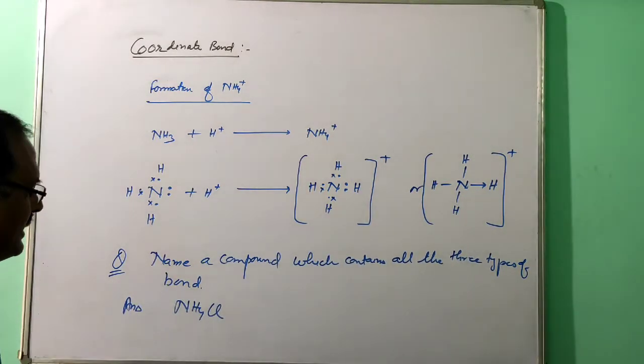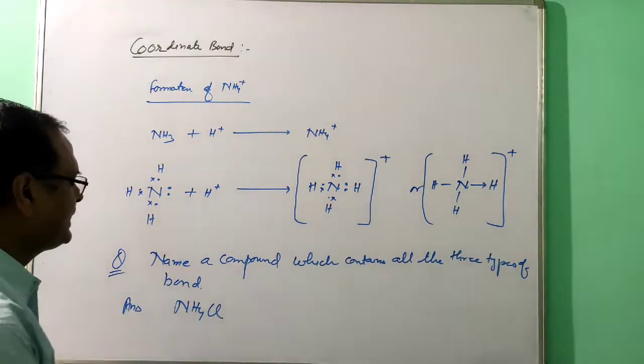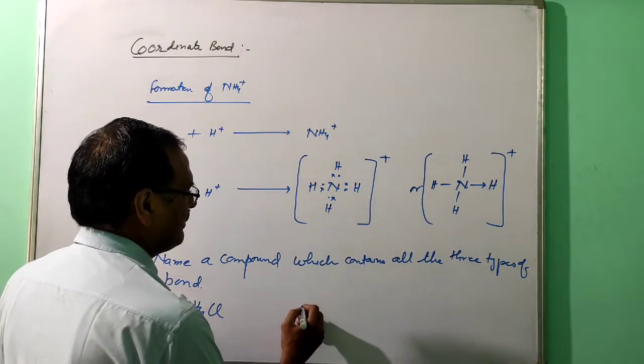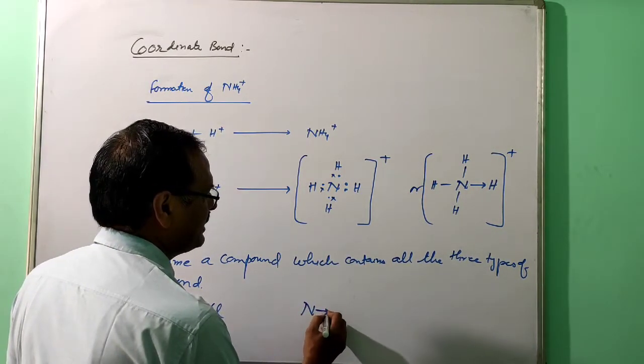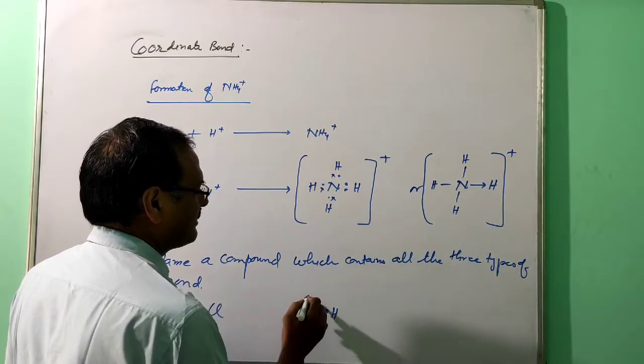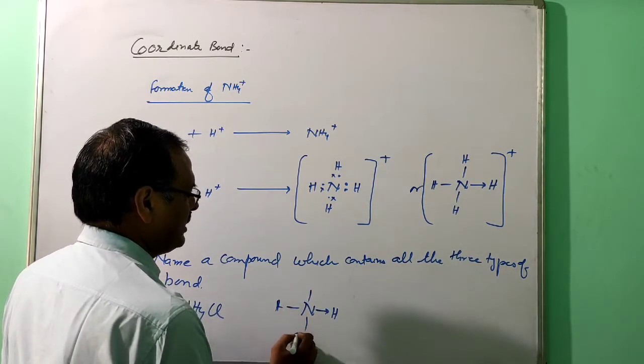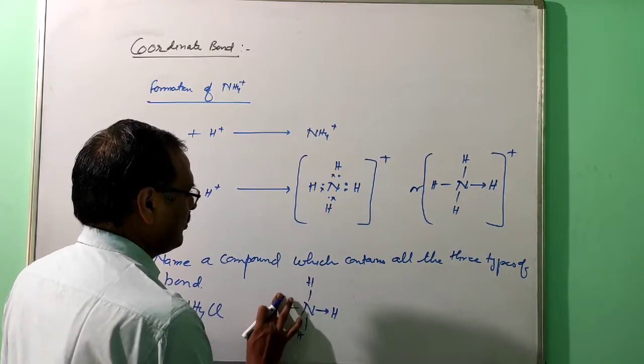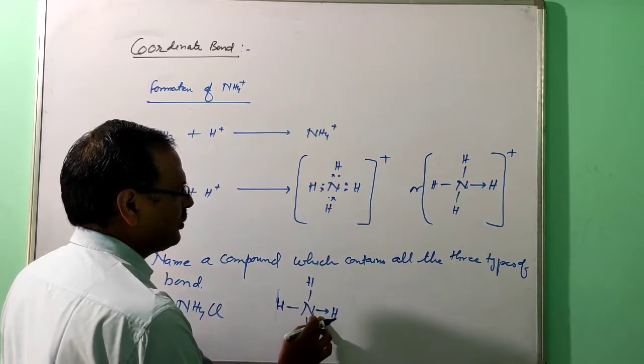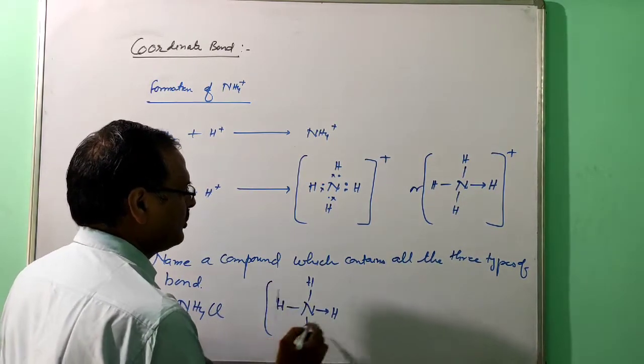You must be thinking how the three types of bonds are there. So I will show the structure of ammonium. Just see, this ammonium ion we have studied. In this ammonium ion, what type of bonding is there? Coordinate, and these three are covalent.